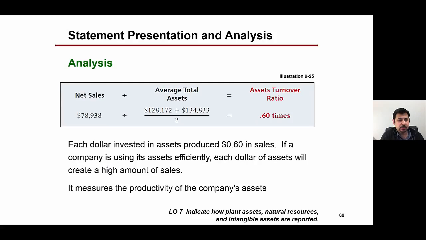Companies also analyze the turnover, the assets turnover ratio. Here, the net sales of the company are divided by the average total assets.